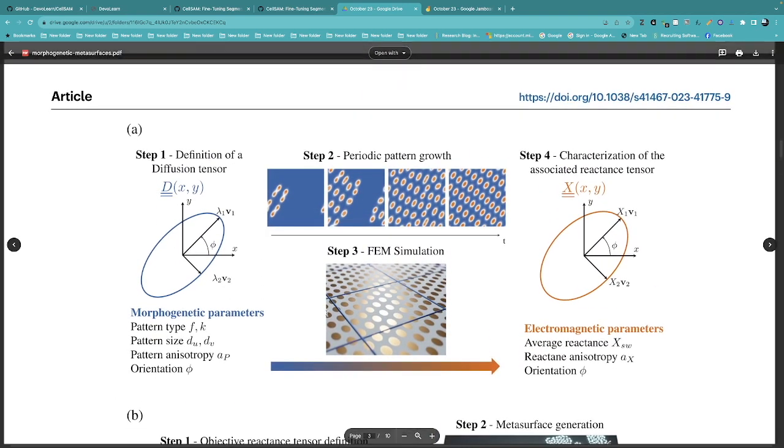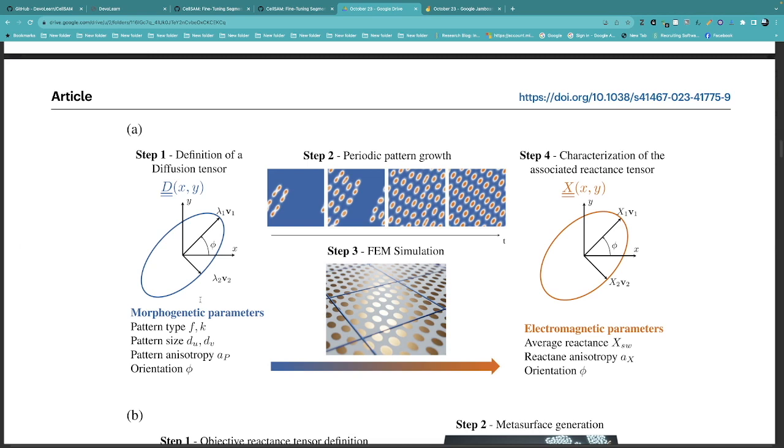So in step 1, we have a diffusion tensor, which defines our morphogenetic parameters. We have pattern type, which is controlled by F and K, which is controlled by the growth and death of the molecules. We have pattern size, du and dv, so we have control over diffusion. We have pattern anisotropy, which is the relative asymmetry of the pattern and how the pattern changes across space.